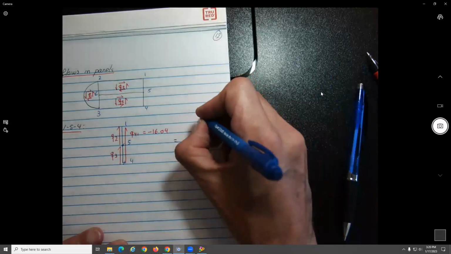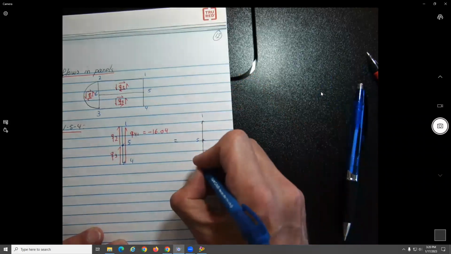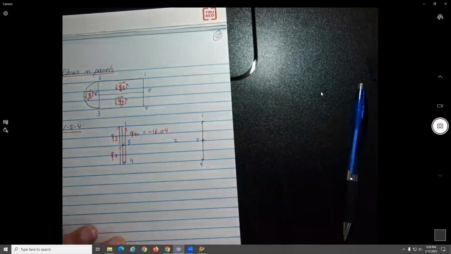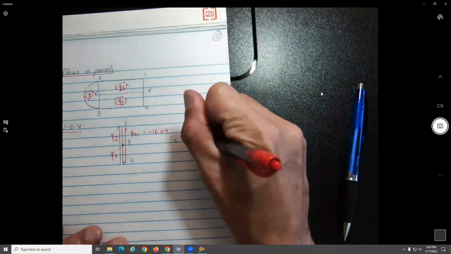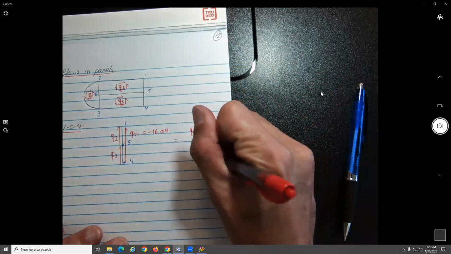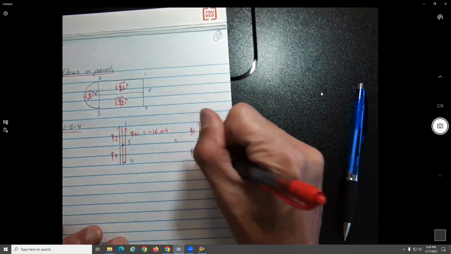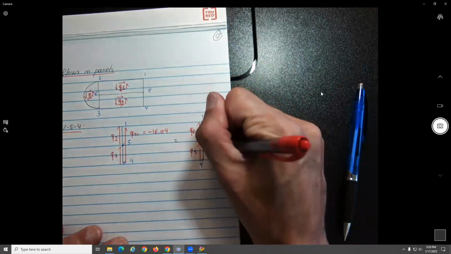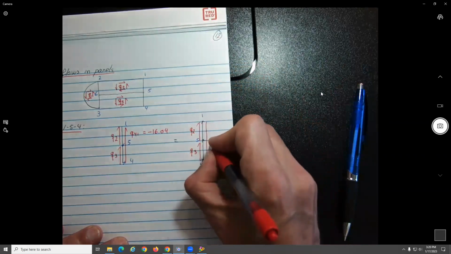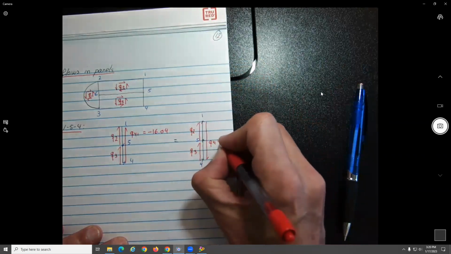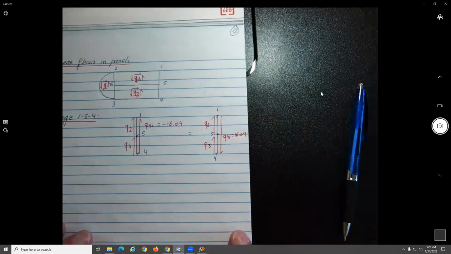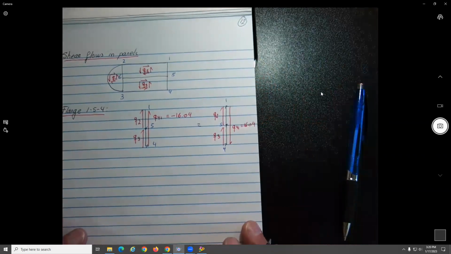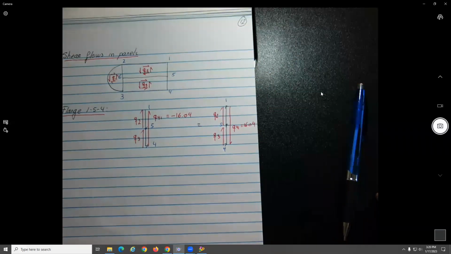I will do 1, 5, 4. I will put here Q2. I will put here Q3, but here I will plot this one this way. I will just put the magnitude to be 16.04, no?